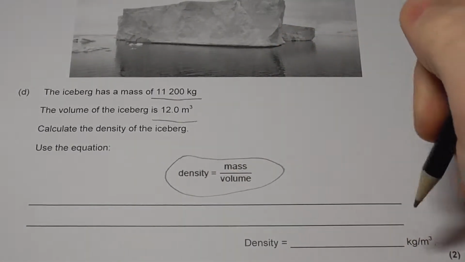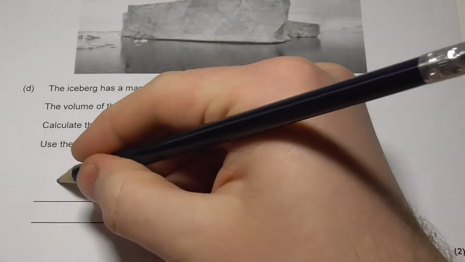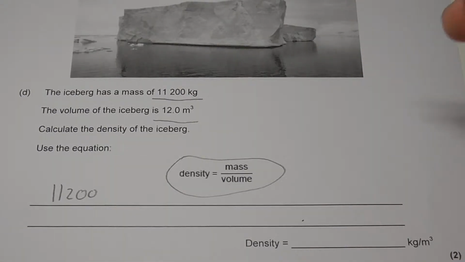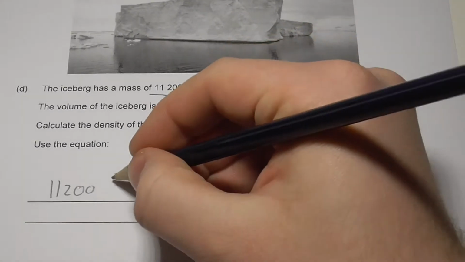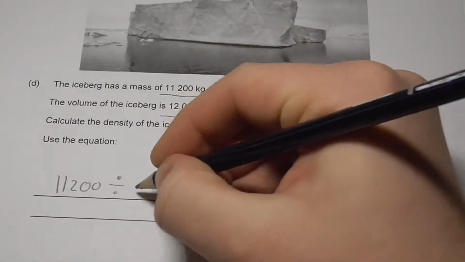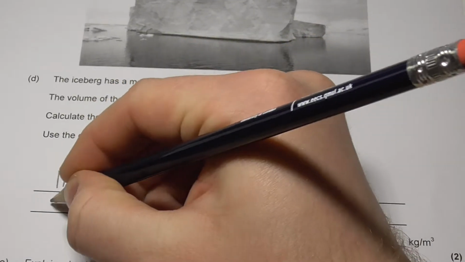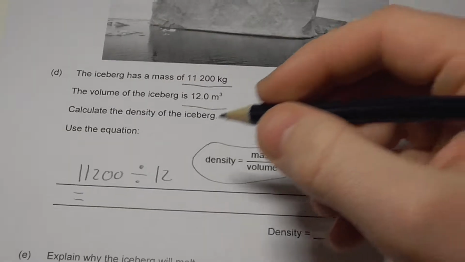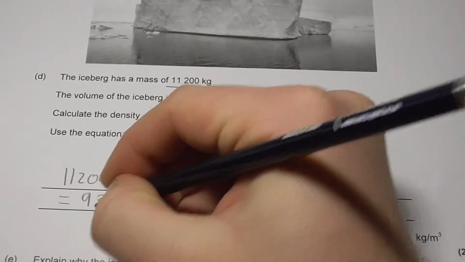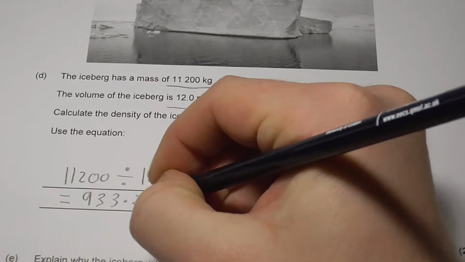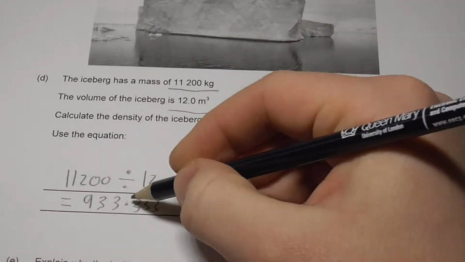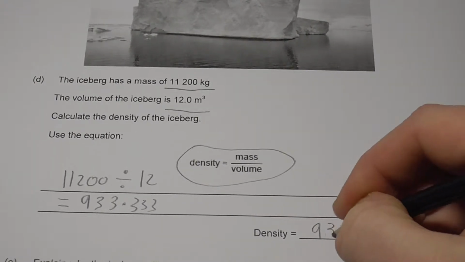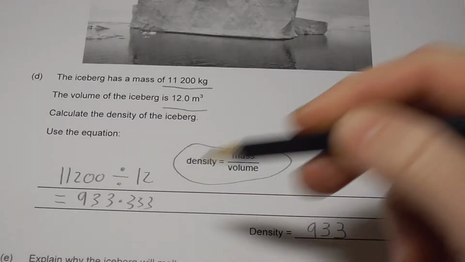So all we need to do for our density is our mass of 11,200, and then divide that by our volume of 12, which gives us a density of 933.333. Obviously we wouldn't recall this, we could just use 933, so we're just rounding it.